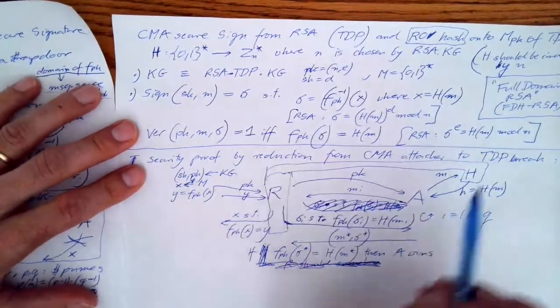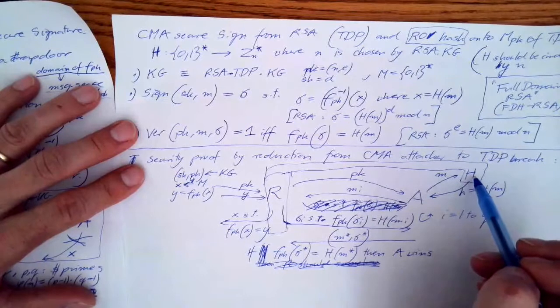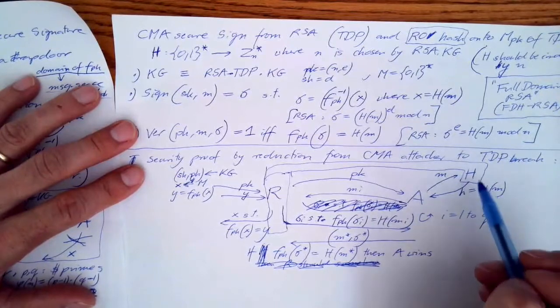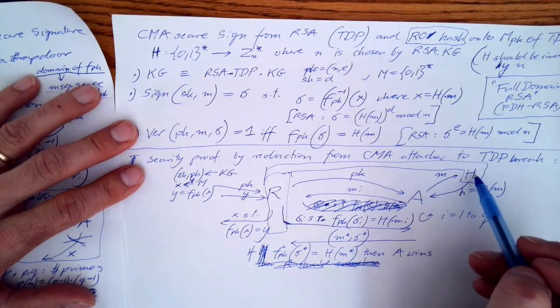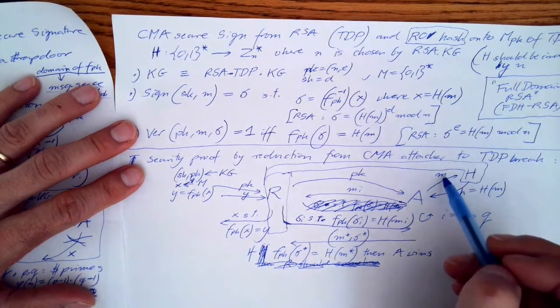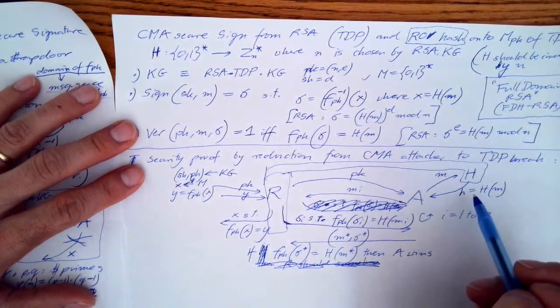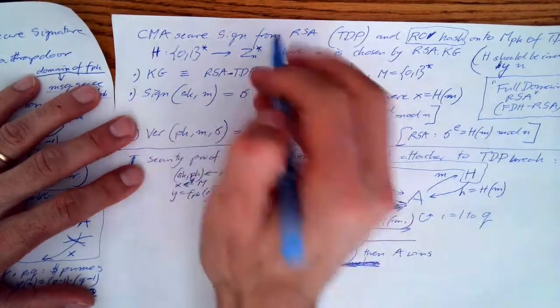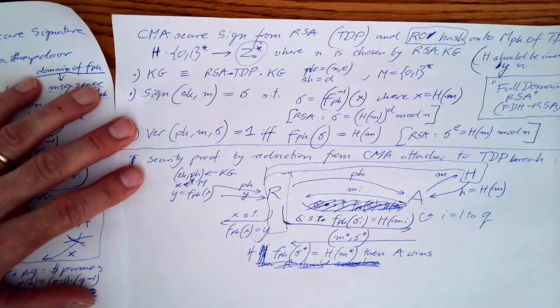So we are in a model where H is modeled as a random oracle. It is a box in the sky that any attacker can use to evaluate hashes. But every time you evaluate a hash on anything, you just get a random point in the range of the hash, which is the domain of the trapdoor permutation.